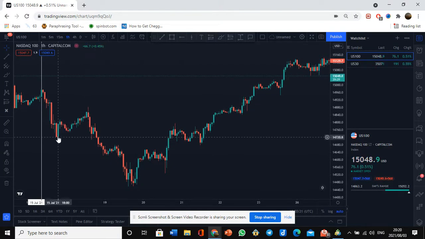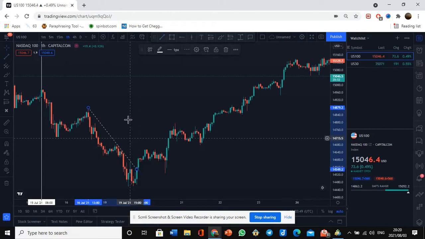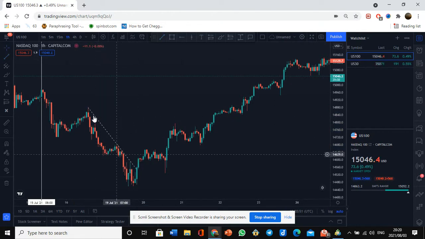Basically the swing point is where price turned. Here's another one. Already, as you can see, this whole thing is pointing to the downside, so you can get an idea of what's happening.